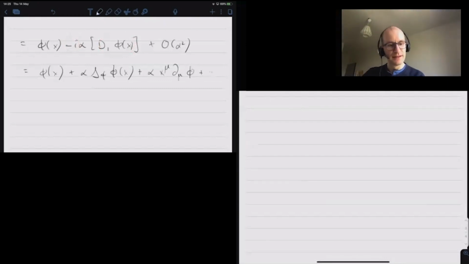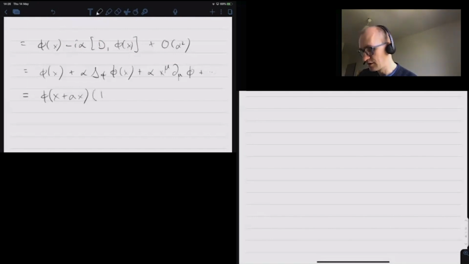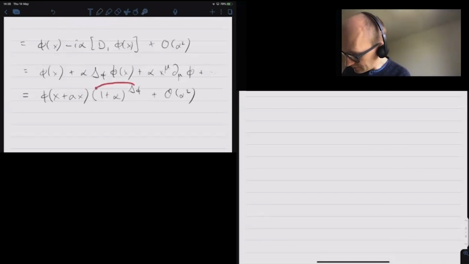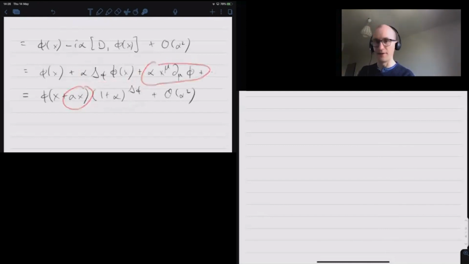But now, with hindsight, or you can convince yourself, this is the same as the linear approximation to phi of x plus alpha x times 1 plus alpha to the delta phi, plus order alpha squared. If you expand this to linear order, from this term you get that term, and then the linear order of this gives you alpha times x mu d mu phi. And that's all the linear terms.